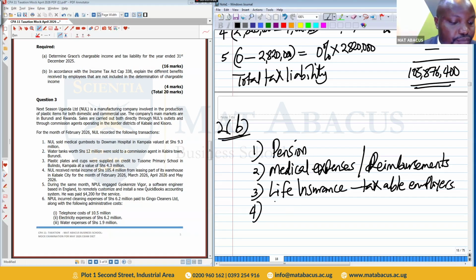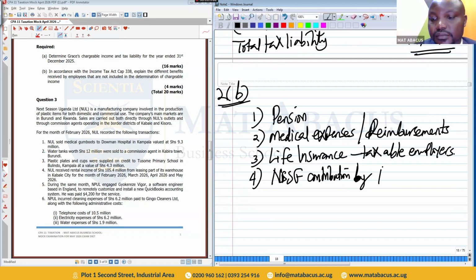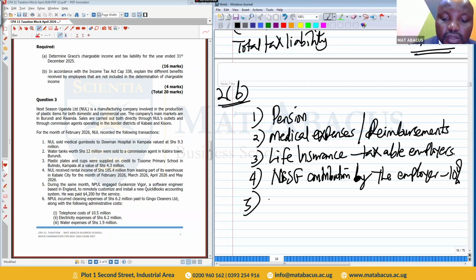Then four, we have NSSF contribution by the employer, the 10% NSSF contribution. Local service tax. Then five, the obvious one, the threshold. The threshold of 235,000 is not taxable.